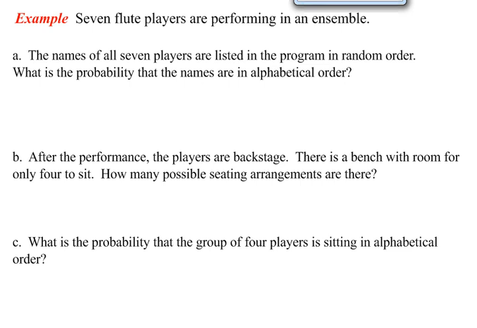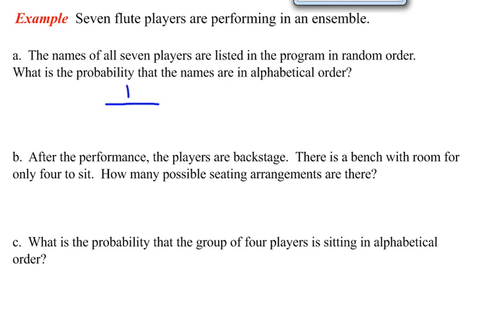How many ways can you list the names in alphabetical order? There is only one way that those names can be listed in alphabetical order. Now we have to find the total number of ways that those 7 names could be listed. This is going to require the use of permutations.